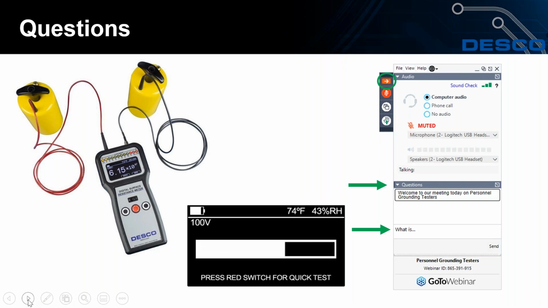The quick test function is if I don't want to wait for that 15-second delay. So I can just override that right away. Or if I was measuring a material that I knew to be a very high resistance, like I did on that white Menda bottle, and it ended up being OL, or over the limit, I can override that right away. I don't need to wait for that timing.